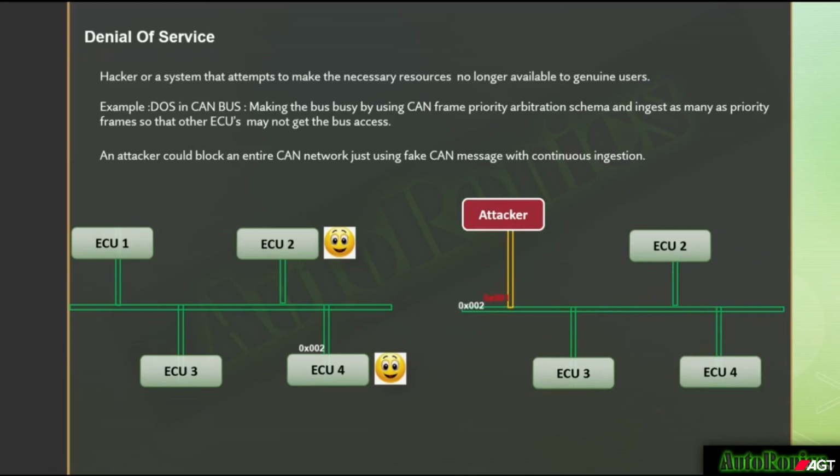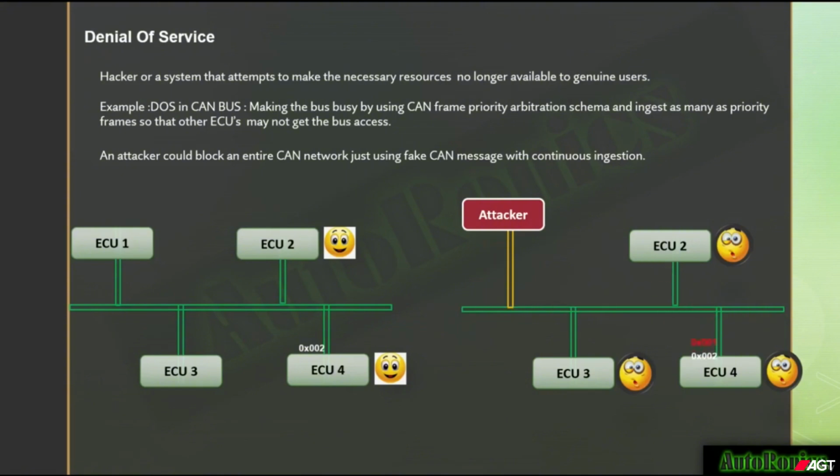Let's say the periodicity of the message is 10 milliseconds; he can send a message every 1 millisecond continuously, so that the bus becomes busy and all the ECUs which are looking for other messages get lost.